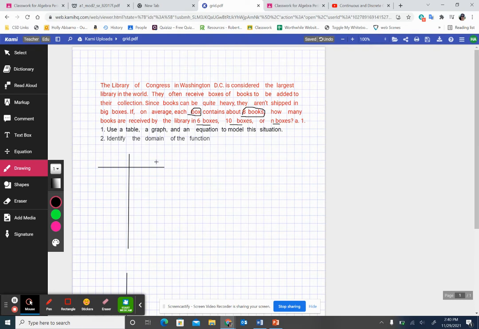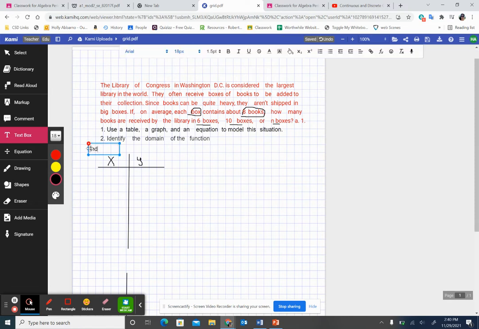So what are the 2 things we are comparing? What are our 2 values? We have our x value and we have our y value, or our f of x. And remember, our x value is our independent variable, and this one is our dependent variable.